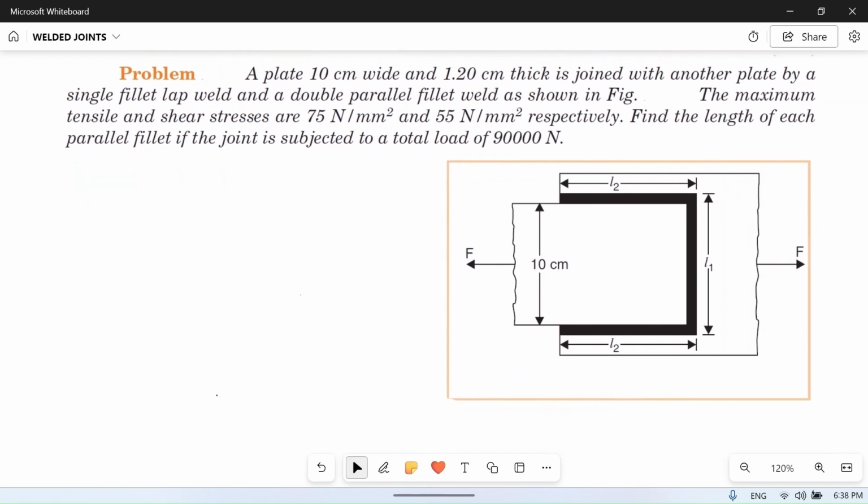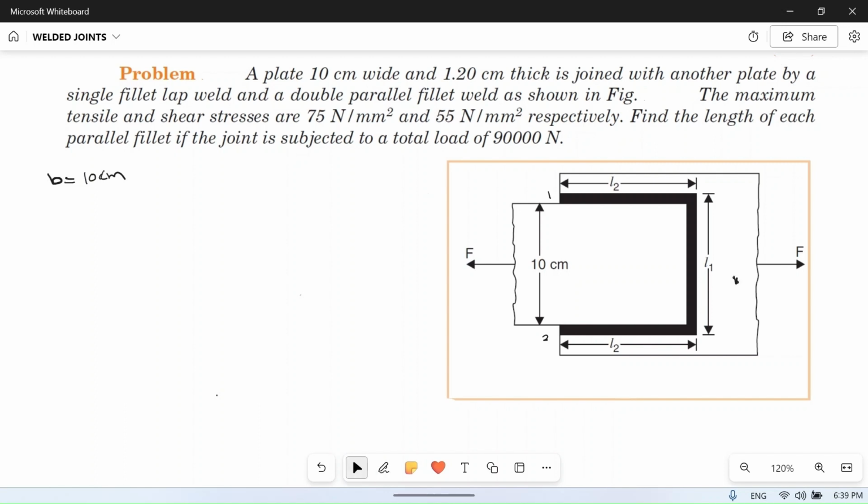A plate 10 cm wide, B is equal to 10 cm, is joined with another plate by a single fillet lap weld and double parallel fillet. So this is double parallel fillet 1 and 2, and this is single fillet lap.